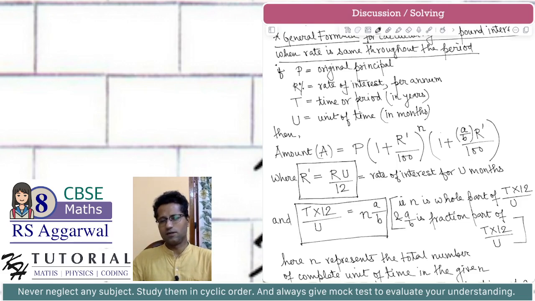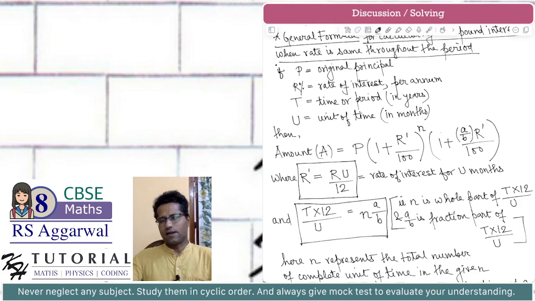So that is the reason it is t multiplied by 12. T multiplied by 12 will give the period in months, and if you divide that by u, then definitely the value will be the number of times the unit of time will occur in t.